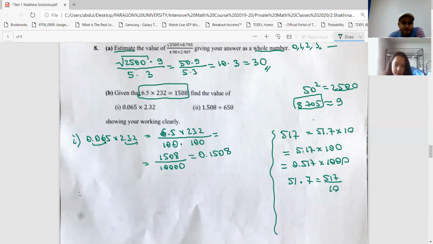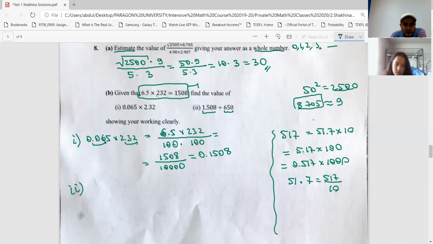Okay, all right. How about the second one, Shahina? We do it a bit differently. As you see here, we have 1.508 divided by 650. From this equation, what can I write here?